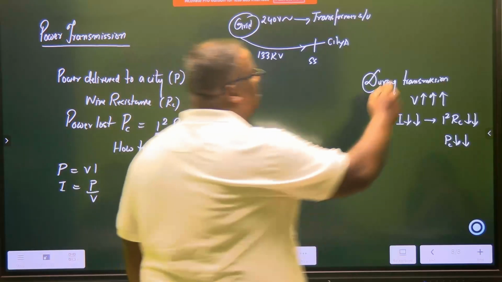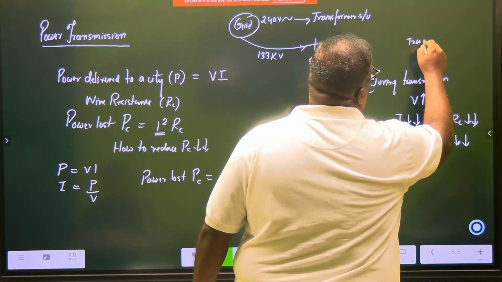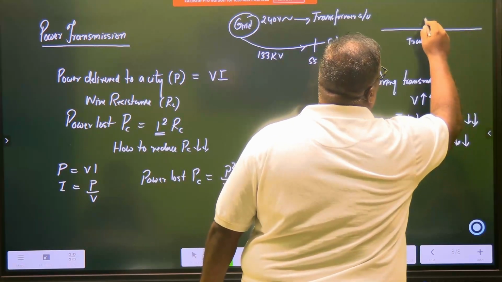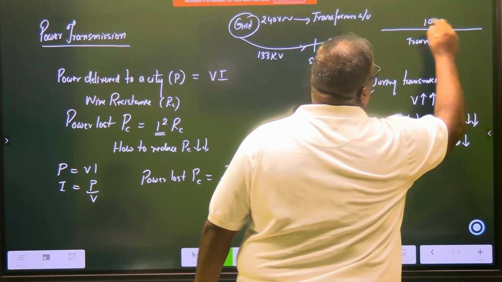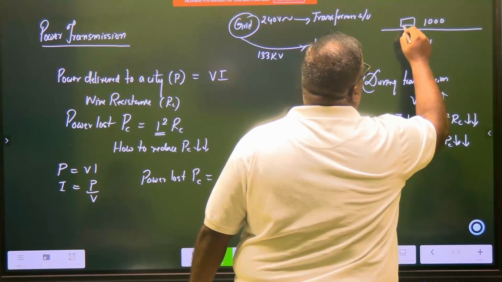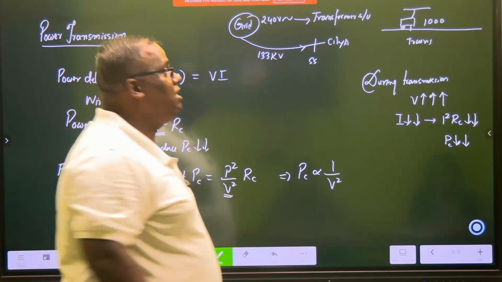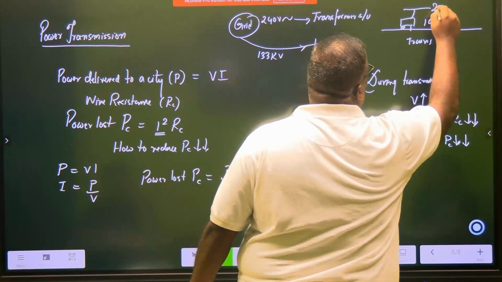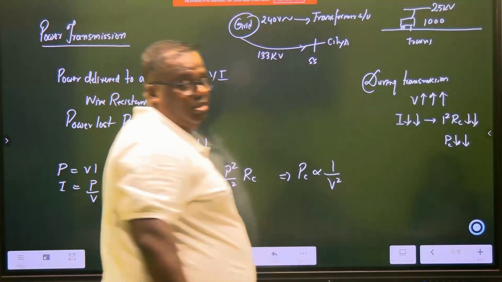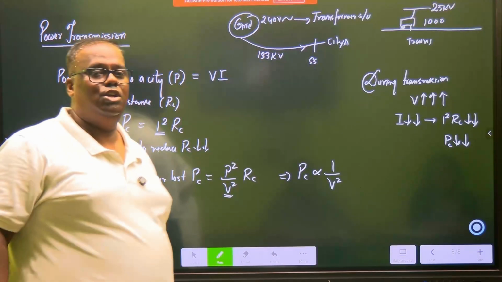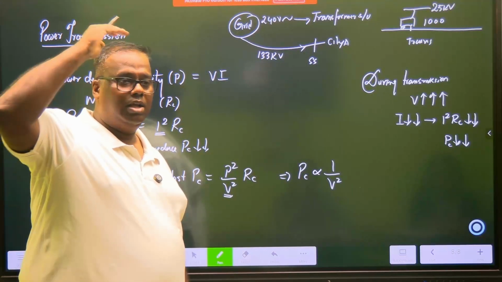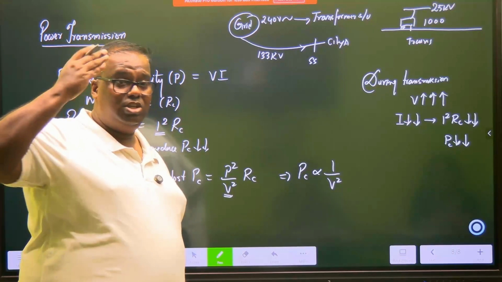Imagine railway trains. Trains are flying from one place to another, thousands of kilometers. So when a train is flying, the pantograph is actually touching the electric lines. These electric lines are all 25 kV. If you touch, you're gone. Now the question is, is the engine using 25 kV?